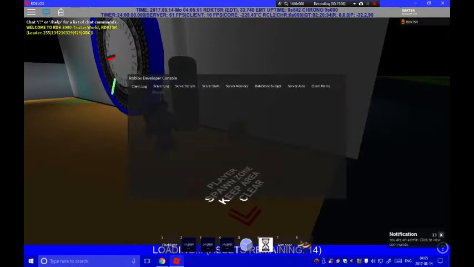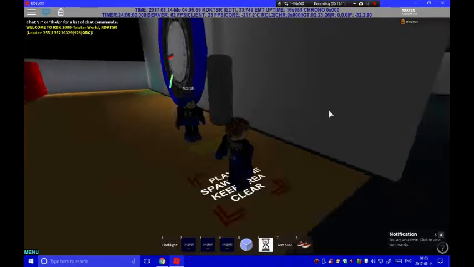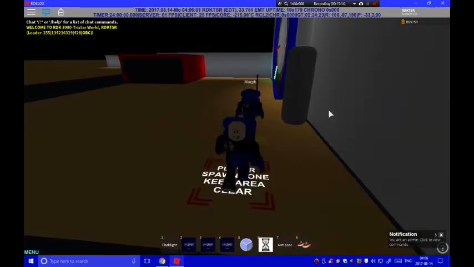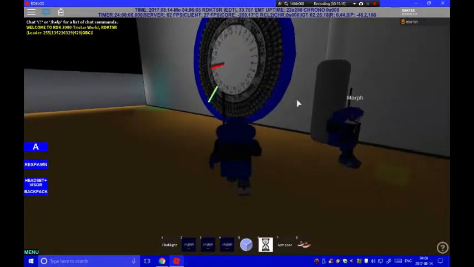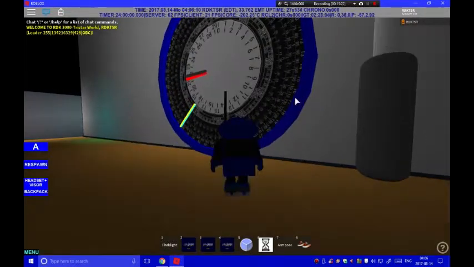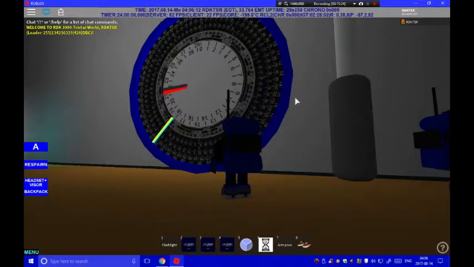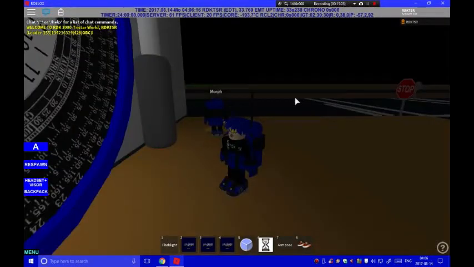Okay, and it's the morph, and some novos past two mega updates. It's this clock.